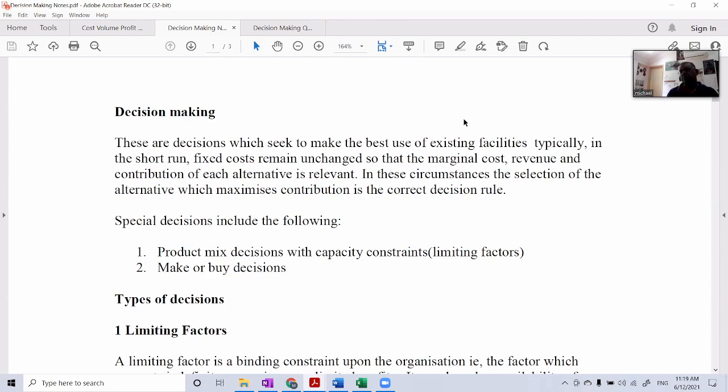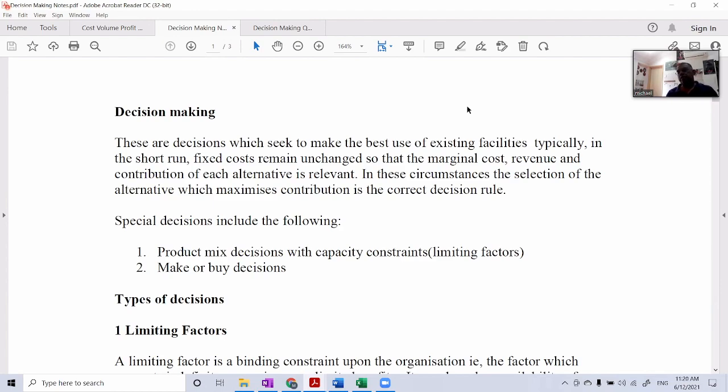Those assumptions will not change. If we read that again, these are decisions which seek to make the best use of existing facilities, typically in the short run. Fixed costs will remain unchanged so that marginal cost, revenue, and contribution of each alternative is relevant. As you can see, the application is marginal costing, not absorption costing.